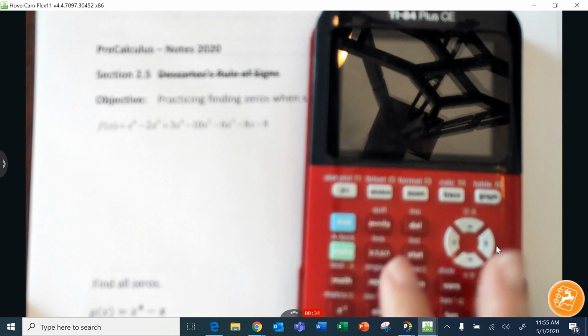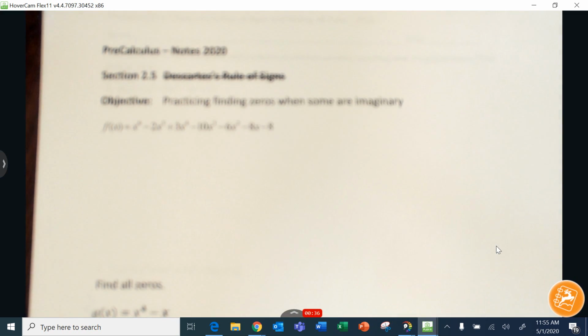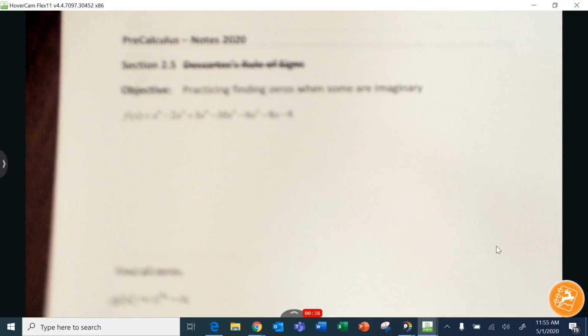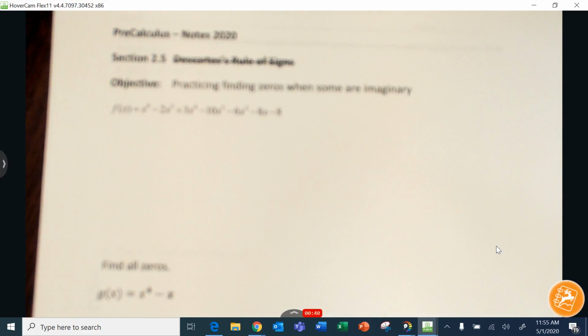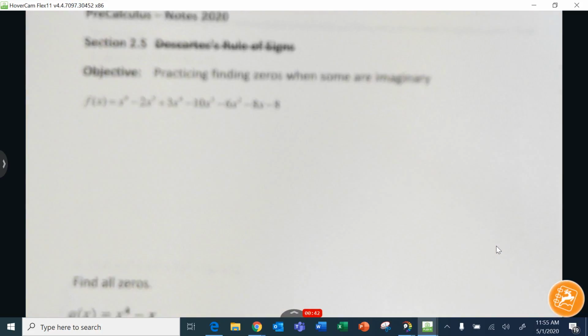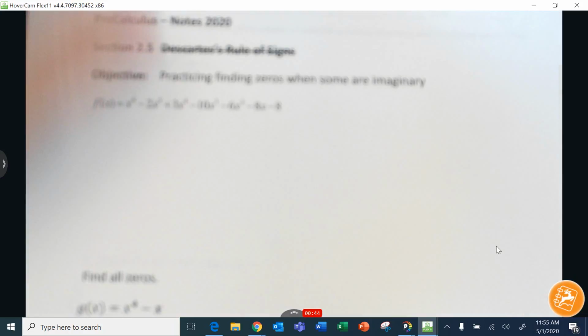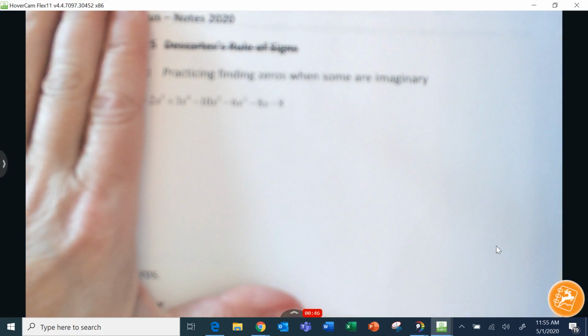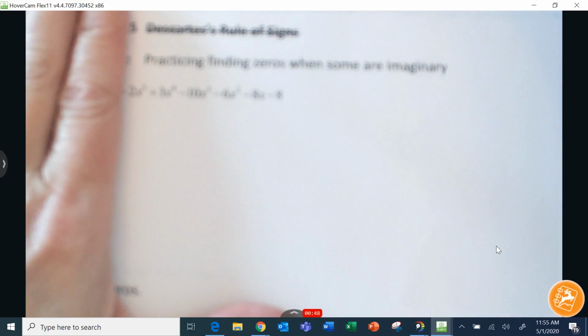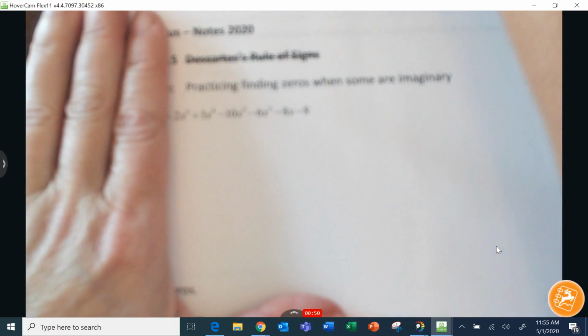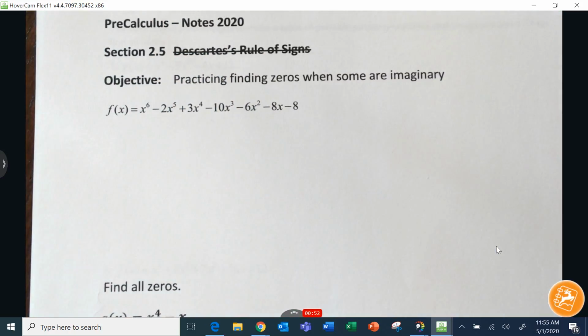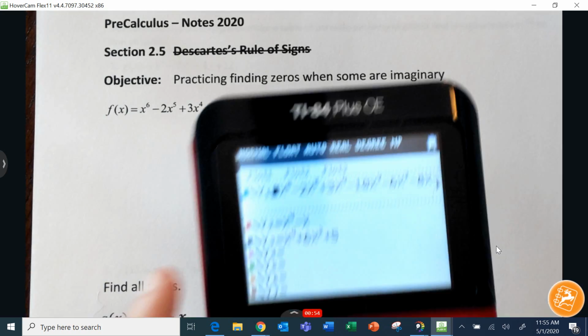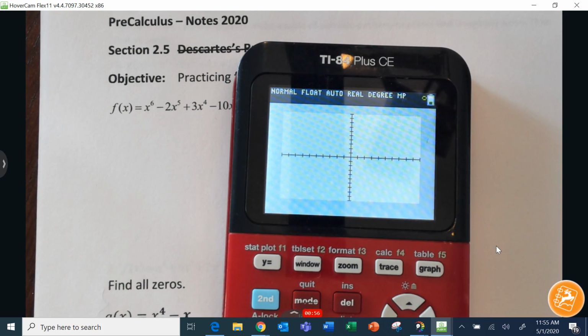So go ahead and type in the equation into the calculator, which I have already done, and hit graph.